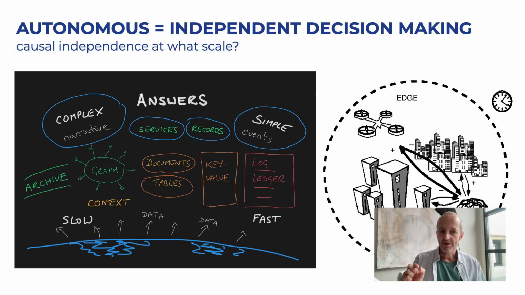And then thinking about scales, some changes are slow, some are fast. For example, a city grows rather slowly. New buildings are added quite slowly, but a drone moves very quickly, or an autonomous vehicle moves very quickly.